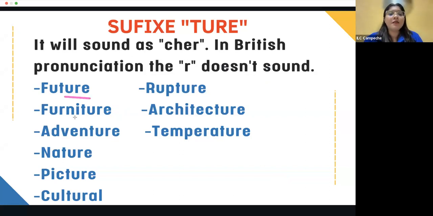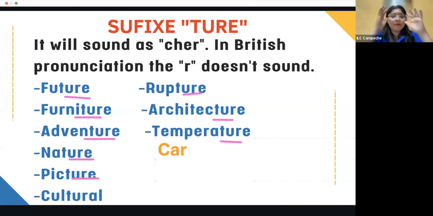Future, furniture, adventure, nature, picture, rupture, architecture, temperature, all right? And it happens the same with many other words when it comes to British English. For example, they say car without the R, or the one everyone knows, water, instead of water.